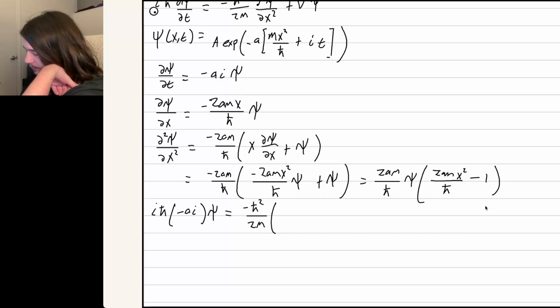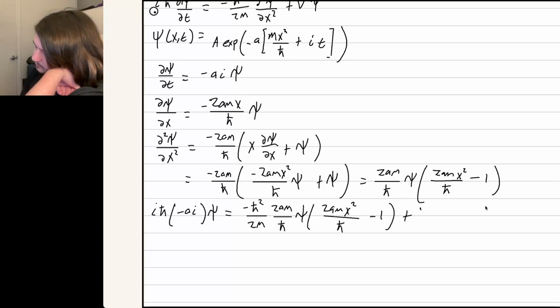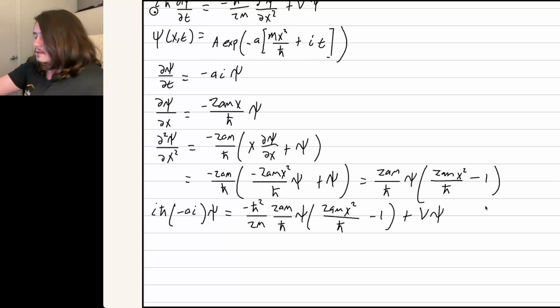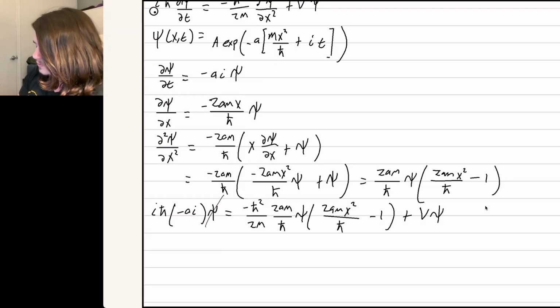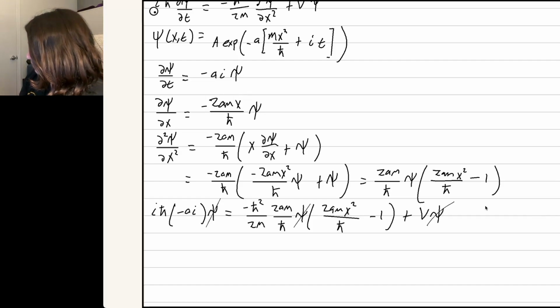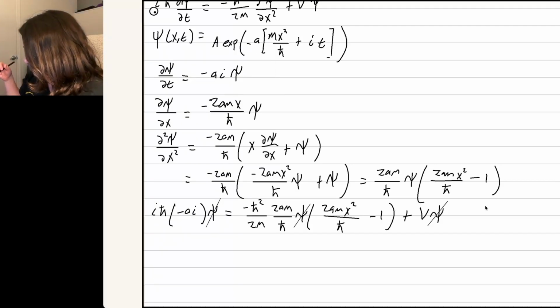So just going to say 2am over h bar times psi times 2amx squared over h bar minus 1, plus v psi. The nice thing about how I've been doing it is that each of these now has a factor of psi that we can cancel out, which reduces the work of the problem immensely. So let's simplify a bit more before we do anything else.